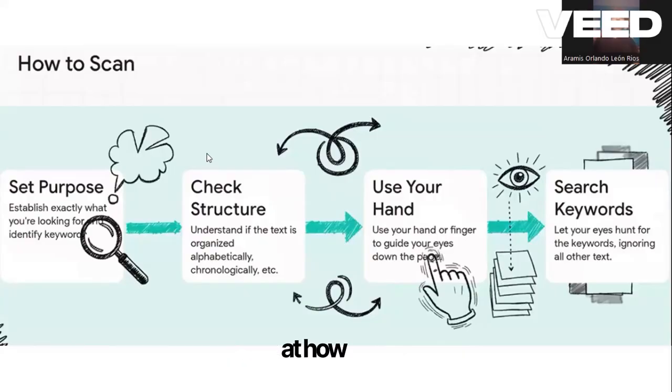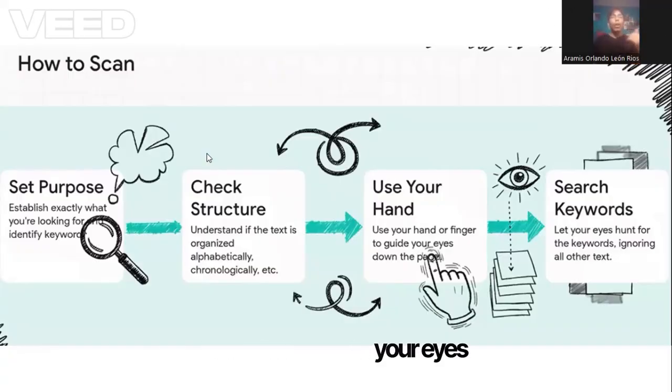Look at how the text is organized: alphabetical, by day, by country, by location, or schools. It depends on the context of the essay, article, or thesis that you're looking for information in. Use your finger or your eyes to move quickly down the page until you find your keyword.